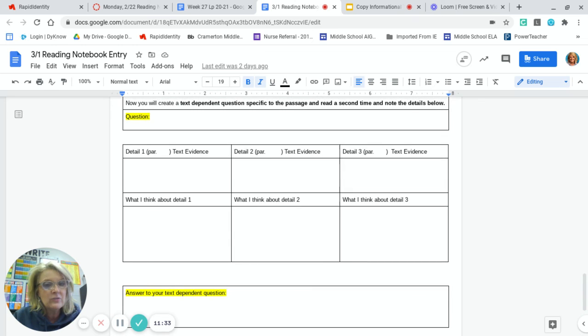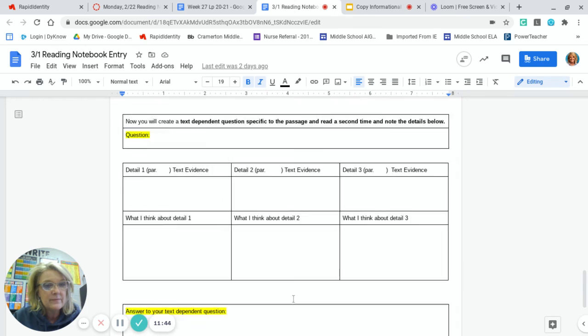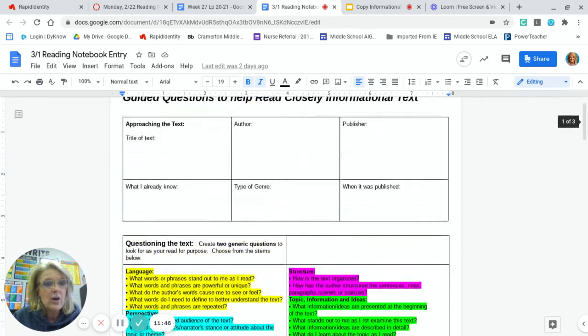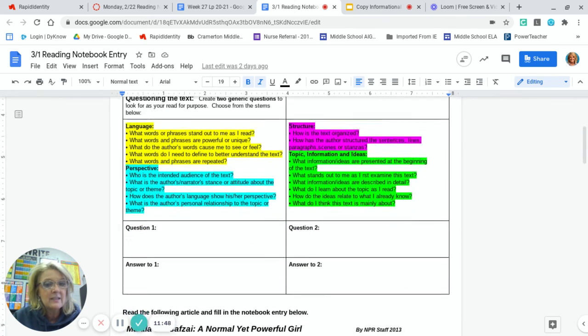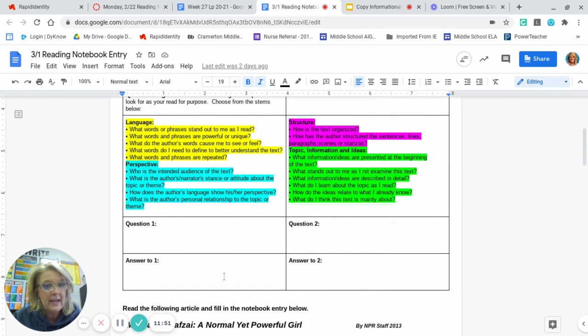So these details are evidences that support the answer to your question. Here you put the answer to your question. So all of these little spots below and above the text, and these questions here should be answered, and everything should be filled in for you to get full credit today for your notebook entry.